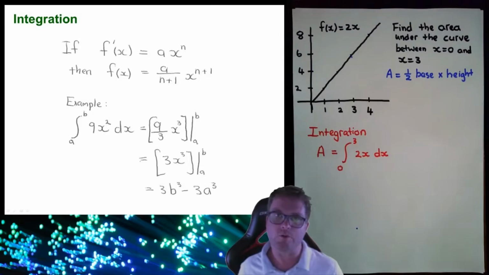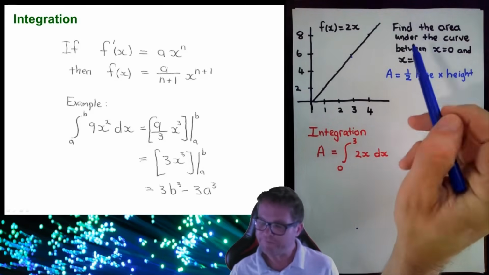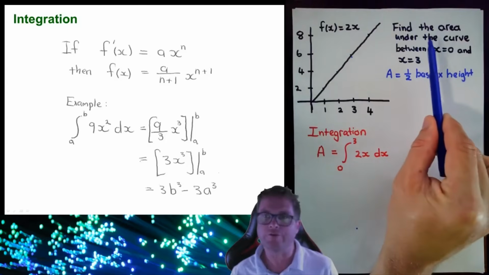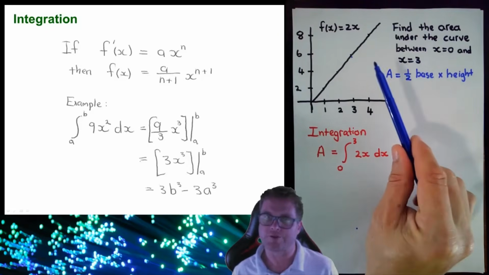So we've seen the rule, the recipe to follow for integration, but now it will be interesting for us just to look at an example to confirm that this recipe or this rule actually works and that integration works as we think it should. So here's an example then. Find the area under the curve between x equals 0 and x equals 3.